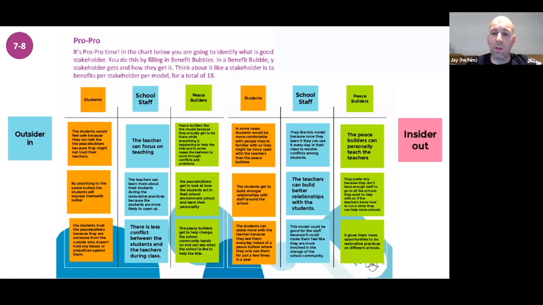On the insider out piece, the second benefit bubble for the Peace Builders says they prefer this because they don't have enough staff. That's clearly said in the videos and in the welcome letter.